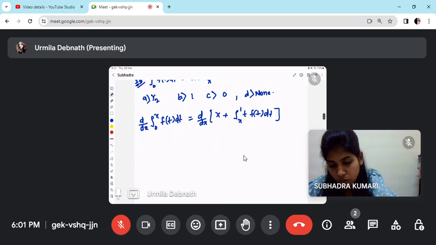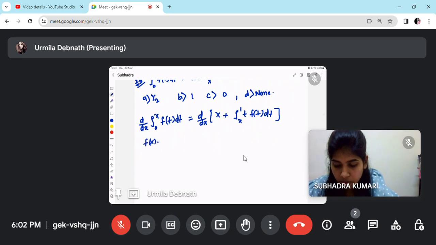So here put f of x, differentiate x with respect to x, and then put f of 0, differentiate 0 with respect to x, that is also 0.